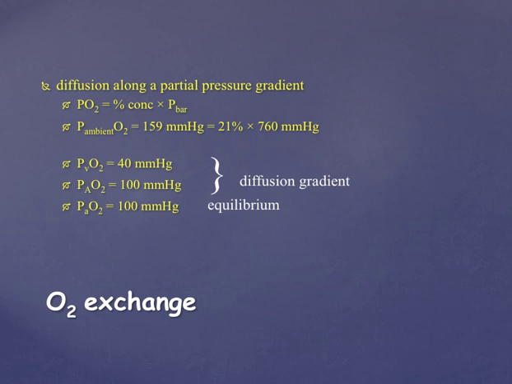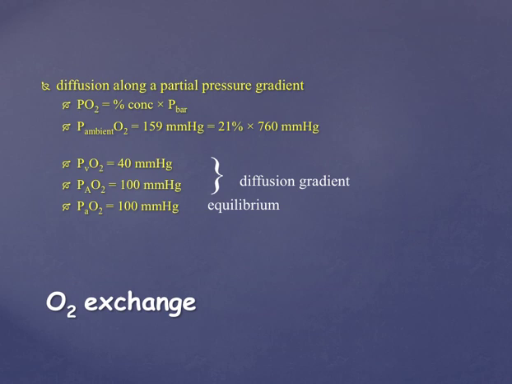Question number 3. During exercise, what happens to the partial pressure of oxygen in the venous blood? I'll give you a moment. What happens to the partial pressure of oxygen in the venous blood? Ready? It goes down. Blood is coming back from the muscles where we're using oxygen, extracting more oxygen.